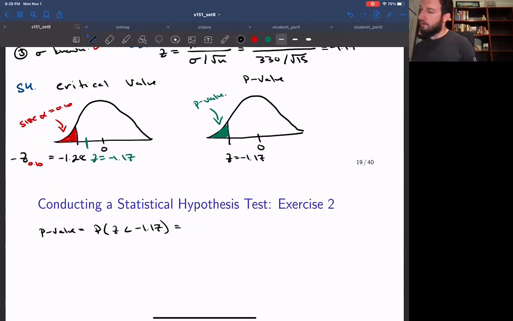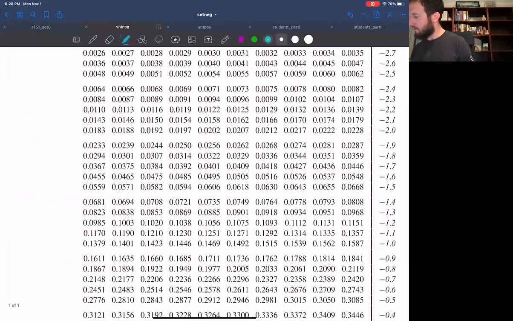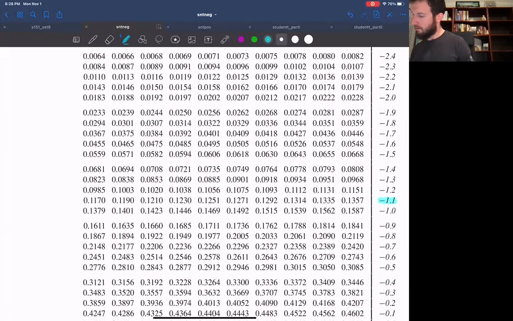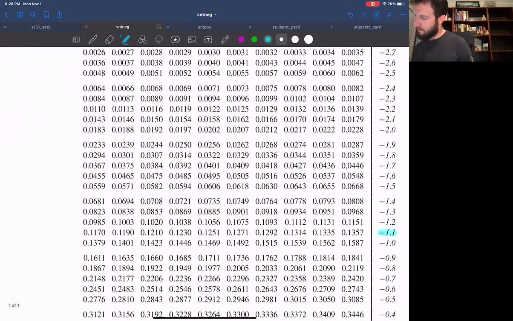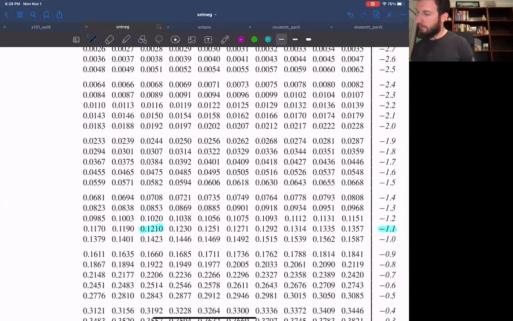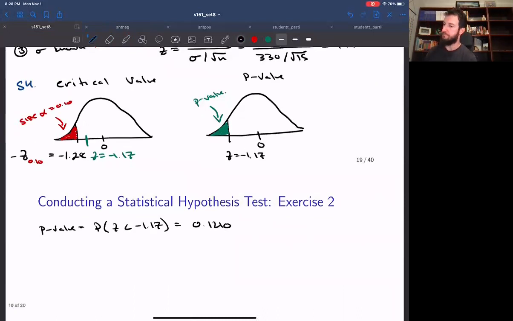Okay, so now we're going to look up negative 1.17, which is 0.1210. Okay, so our p-value here is 0.1210.